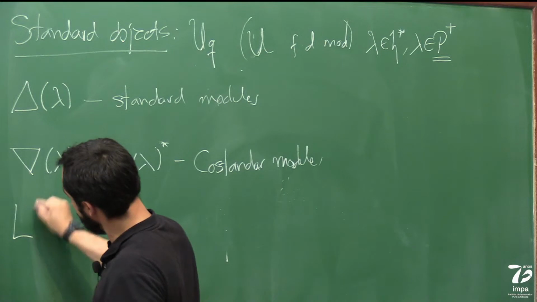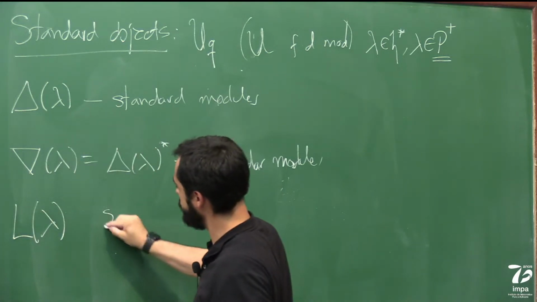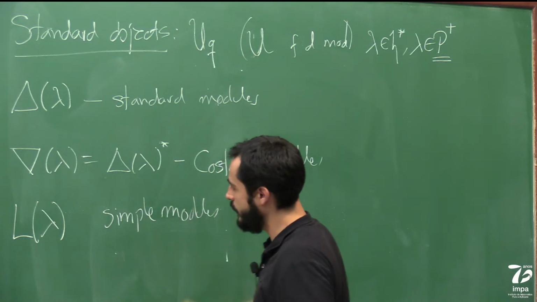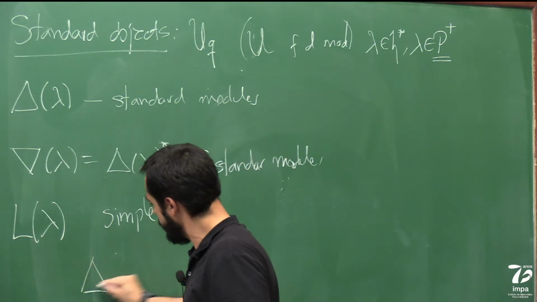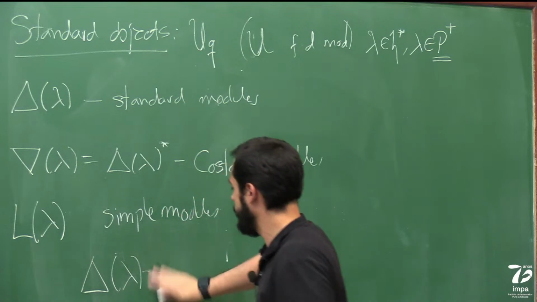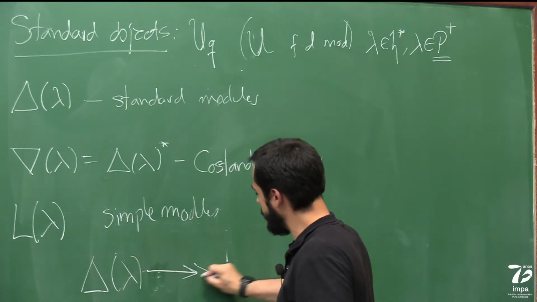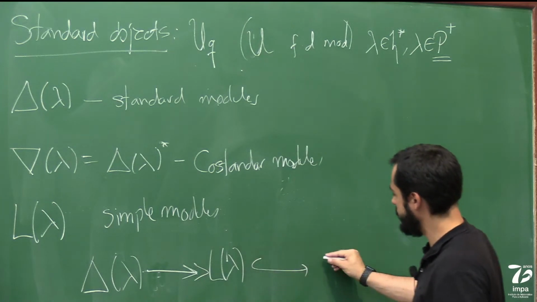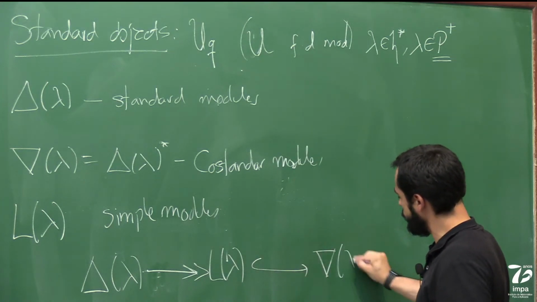And we also have the simple modules. What happens is that simple modules are quotients of the standard modules and are subobjects of co-standard modules.